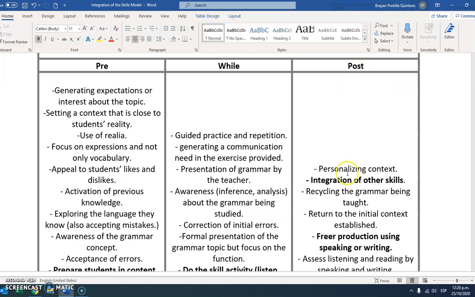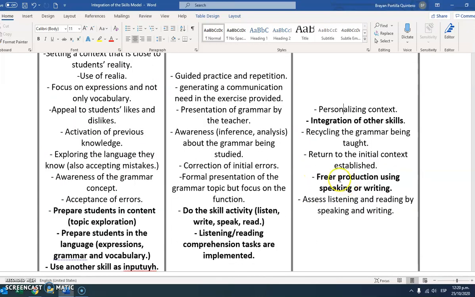In the post stage, the idea would be to personalize that content, which is they already talked about food they like here in the pre-stage. So they would say, okay, from the food that you already mentioned, now you are going to write your own recipe for making the sancocho, which is the food you like, and then you are going to present it to your partner in a conversation.